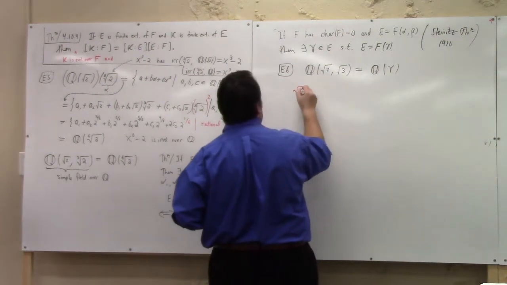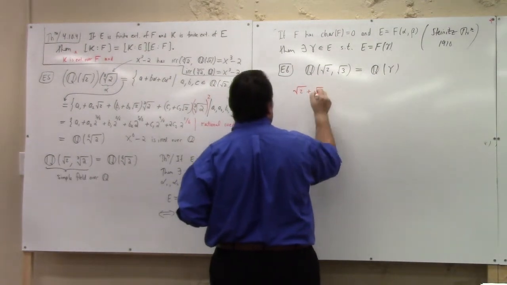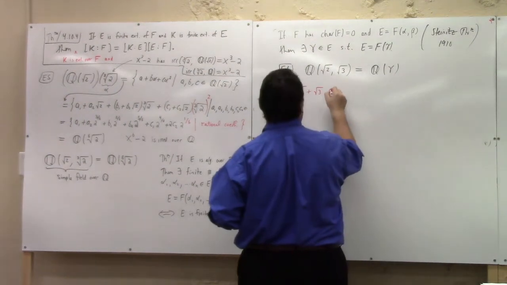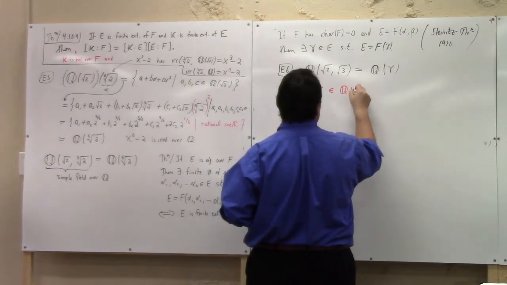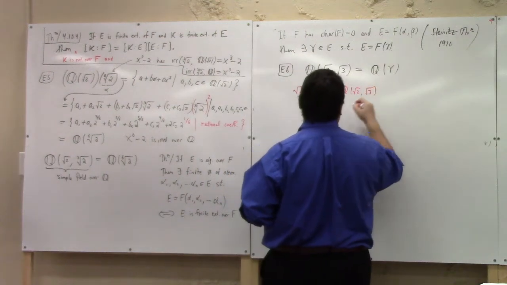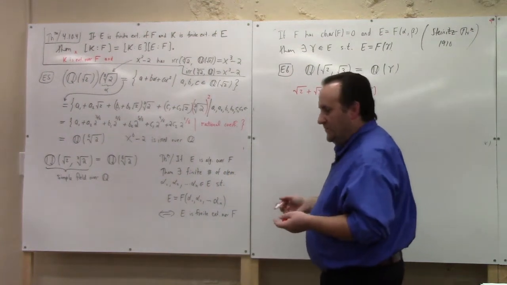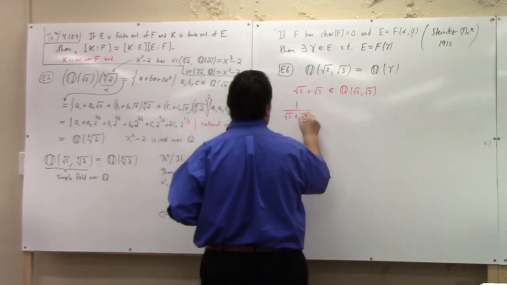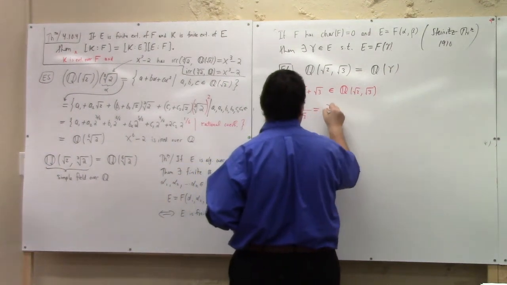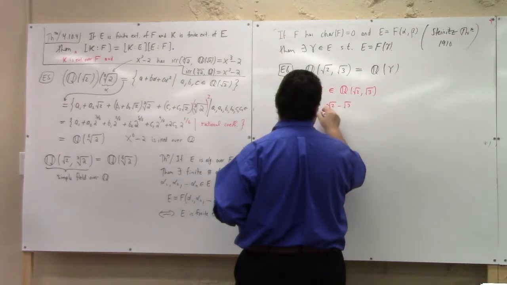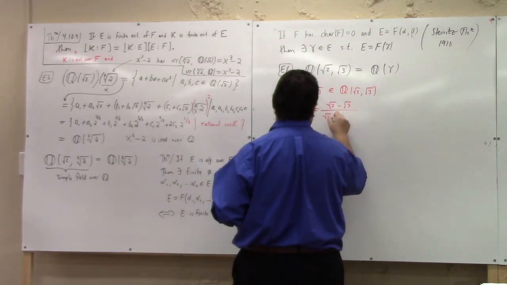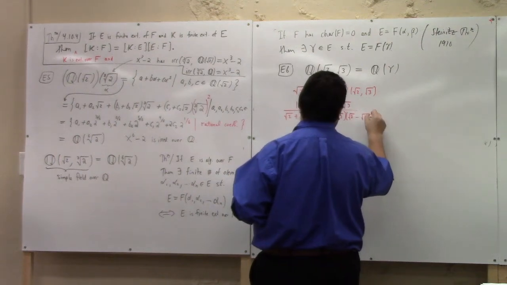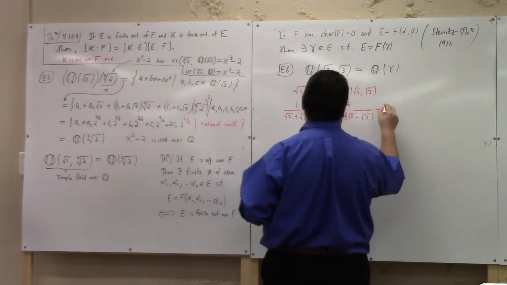So if I do square root of 2 plus the square root of 3, all right, then that's definitely an element of this, right, to start with. But what's the reciprocal? Well, you know how to do it. Rationalize the denominator.